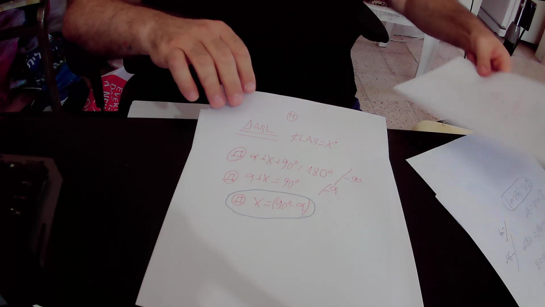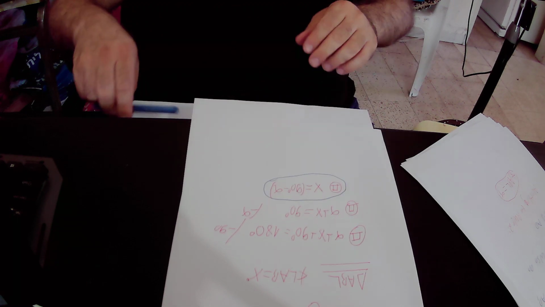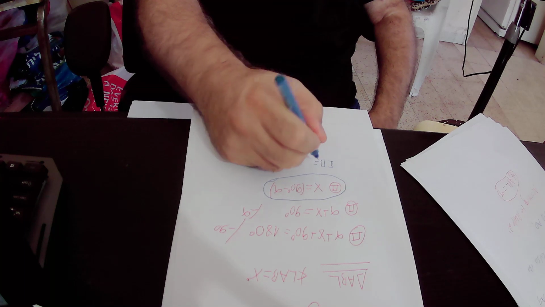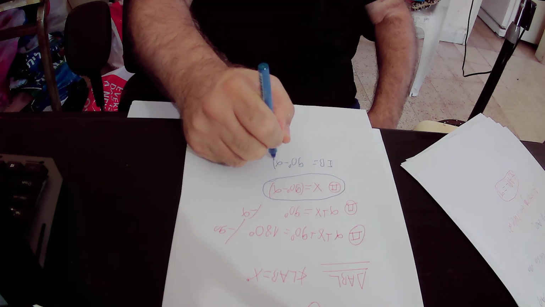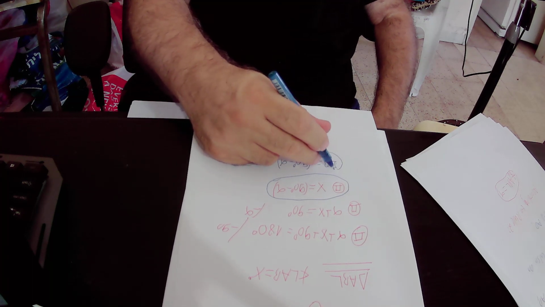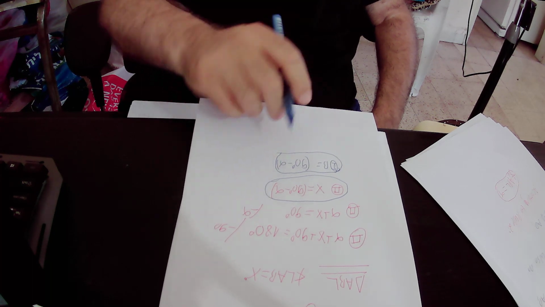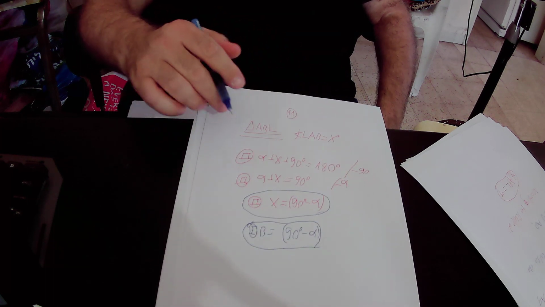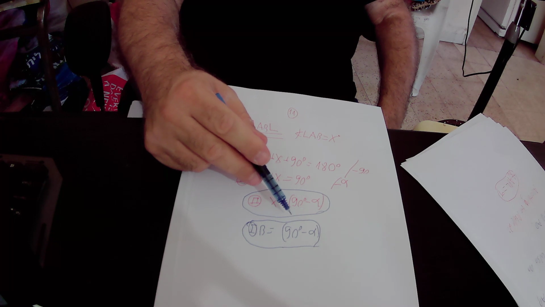According to the first equation, beta also equals 90 degrees minus alpha.